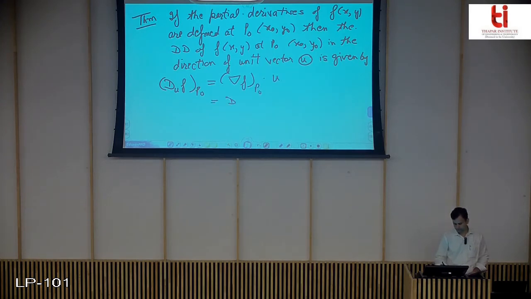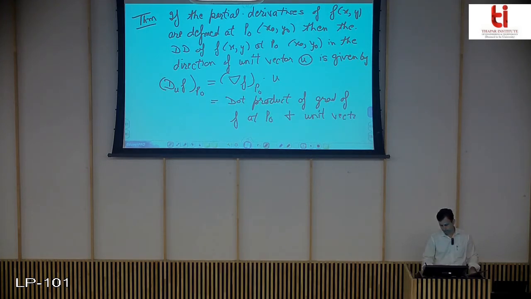That is, you can find the directional derivative of a function at a given point P naught by finding the dot product of the gradient of f at P naught and unit vector u, the direction in which we are looking for the rate of change.